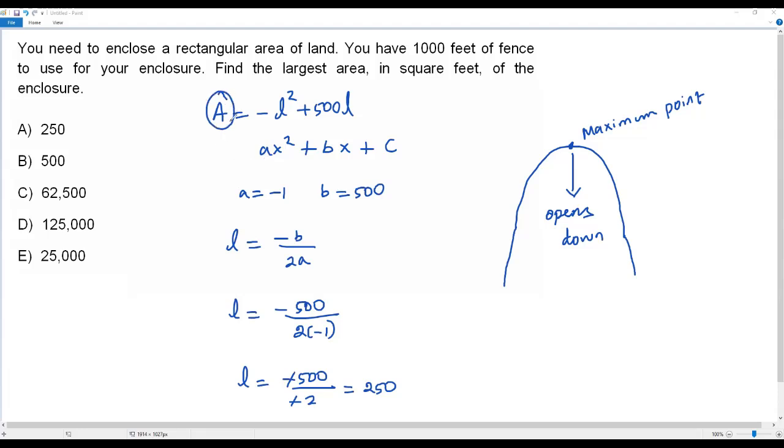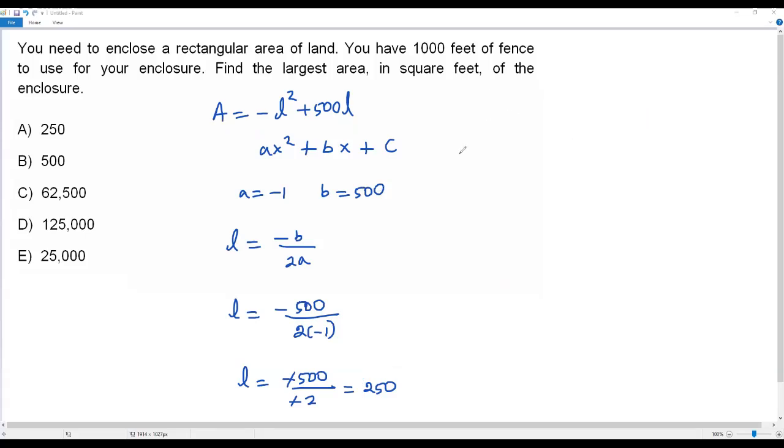To get the maximum value of A, we plug L equals 250 into this quadratic function. So A equals -250 squared plus 500 times 250.